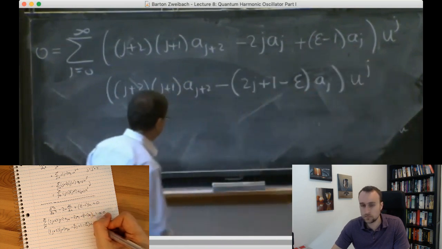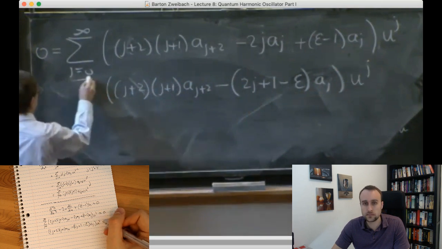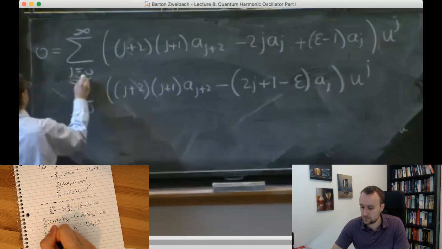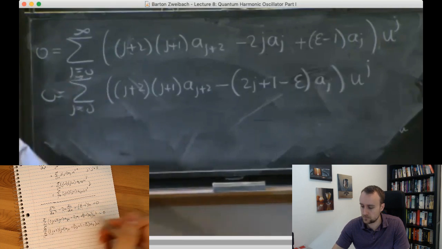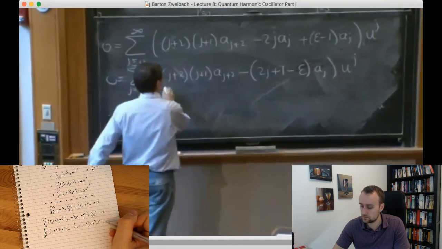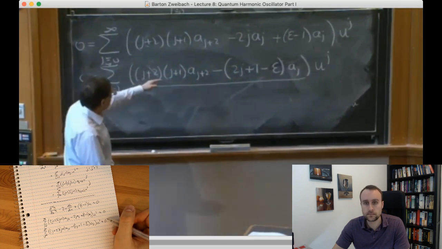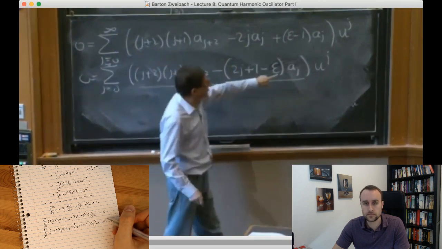I think I got it right. Yes. And this is the same sum. And now, okay, it's a lot of work, but we're getting there. This must be 0. So actually that solves for a_(j plus 2) in terms of a_j.